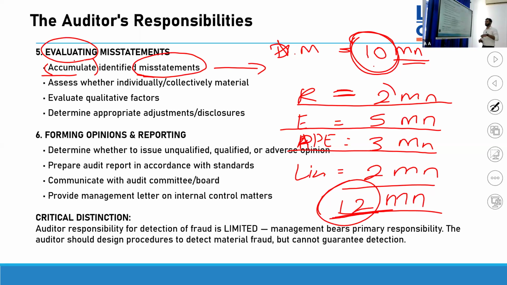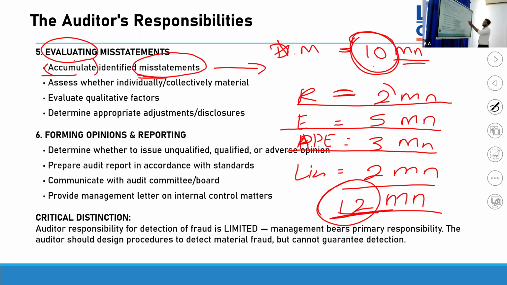If you omit one of your invoices without recording it in your financial statement, such kinds of things we consider as misstatements, right? An arithmetical error could be there, right? But at the end of the audit, we must accumulate those identified misstatements, right?